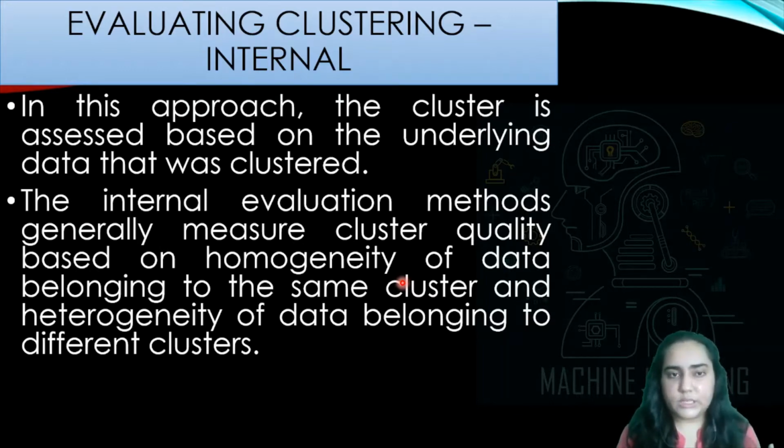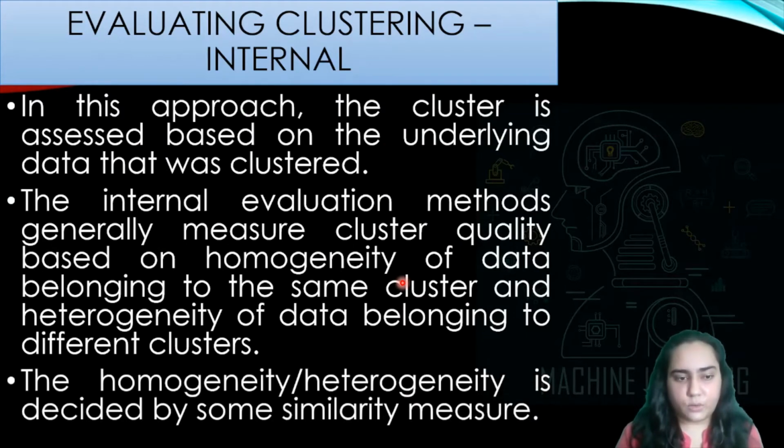So when data belongs to two different clusters, how different is that data? Based on this similarity and dissimilarity, you can evaluate whether the clustering algorithm is performing well or not. Okay. Now, how do you decide homogeneity or heterogeneity? It is decided based on some similarity measure.